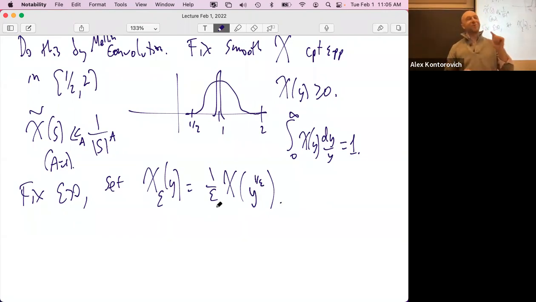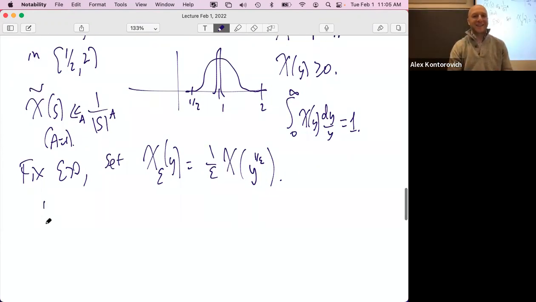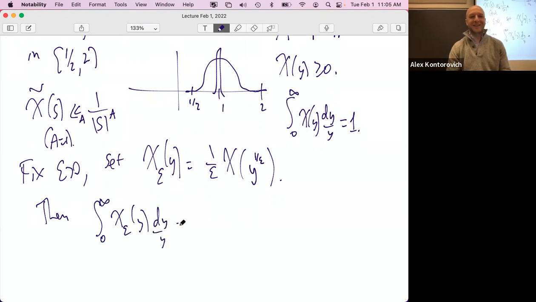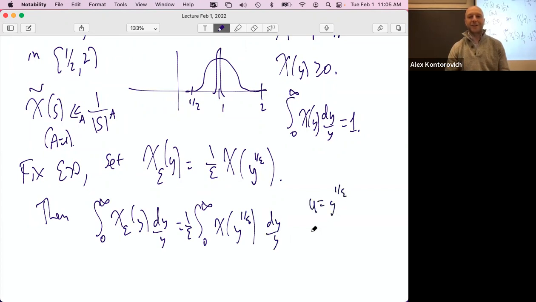But if this is the right thing for the group action, then what is the total integral from 0 to infinity of this thing? Well, let's put in the definition: 1 over epsilon, chi of y to the 1 over epsilon, dy over y. We make a change of variables, u equals y to the 1 over epsilon, so du equals 1 over epsilon, y to the 1 over epsilon minus 1 dy.